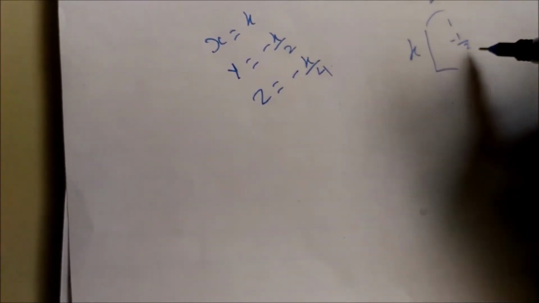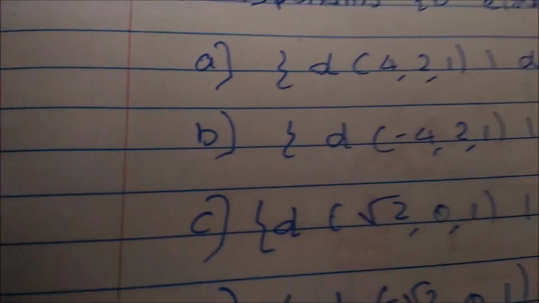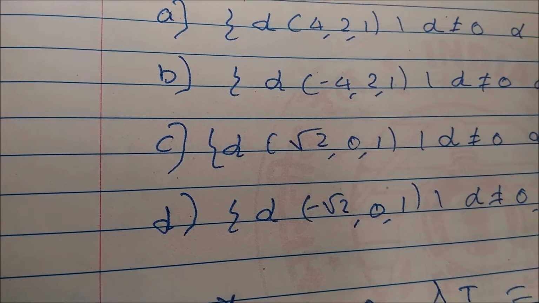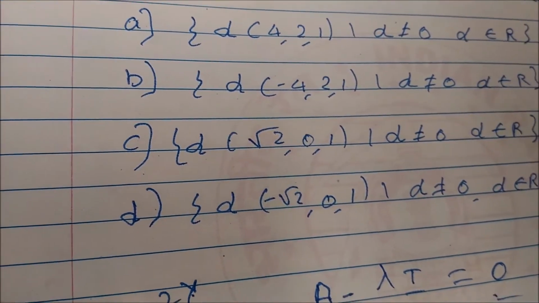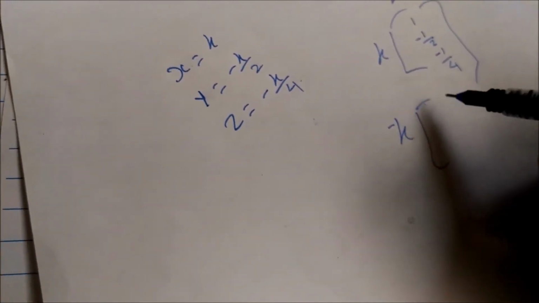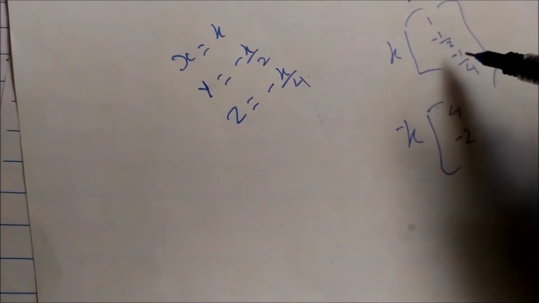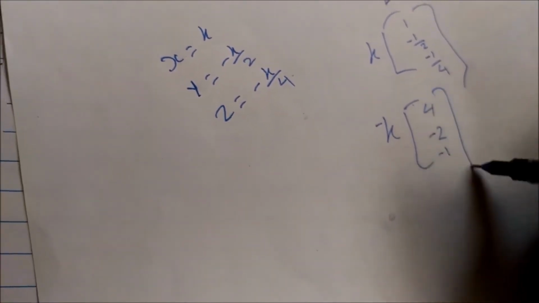But see our options, none of them matches, because ours are in fraction form. So what we need to do is multiply by 4. Then we get 4, minus 1 by 2 into 4 becomes minus 2, and here becomes minus 1.